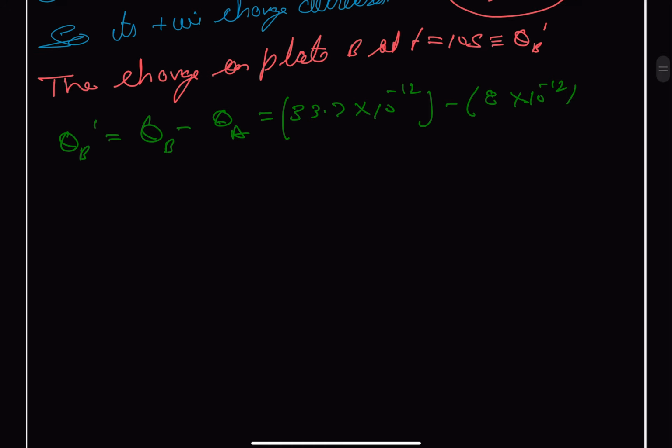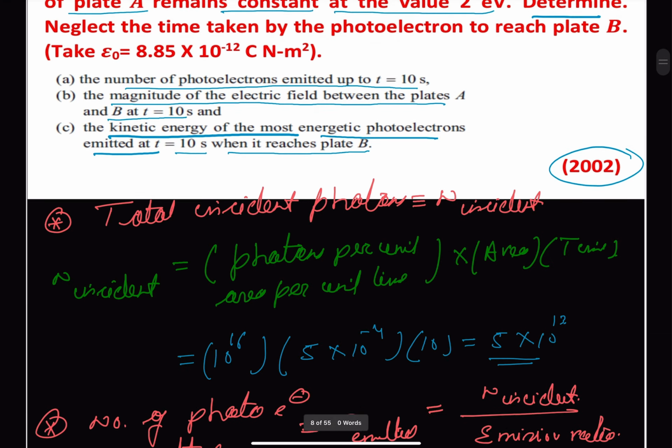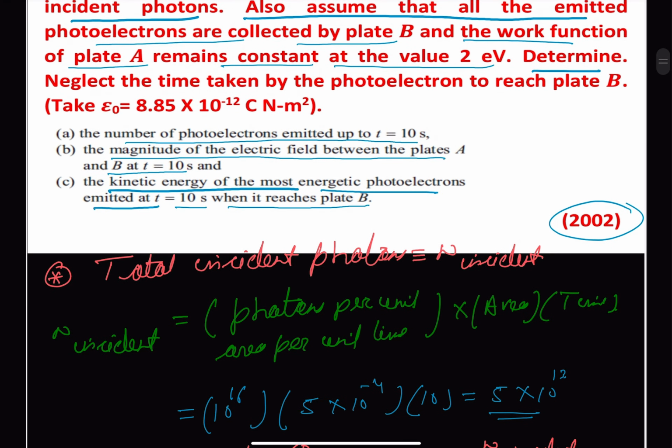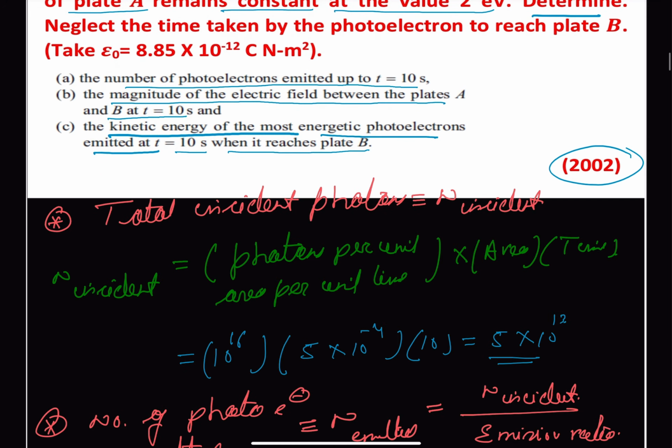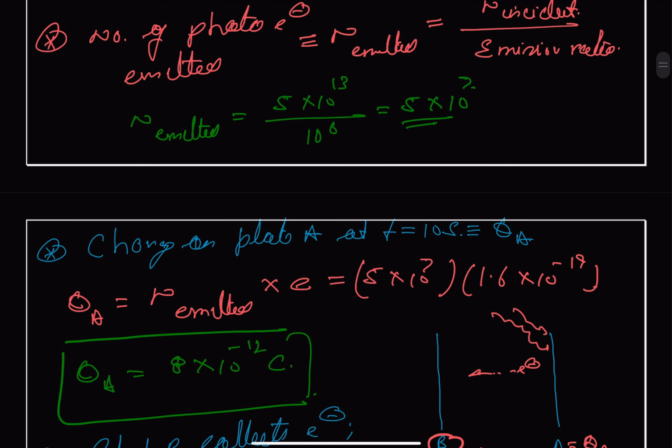So we get that our QB prime will be equal to 25.7 into 10 to the power minus 12 coulombs. So we found out the number of photoelectrons emitted up to 10 seconds, that is our 5 into 10 to the power 7.